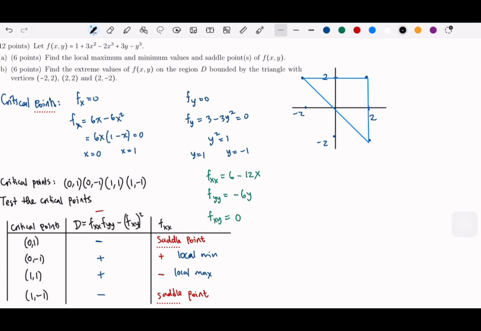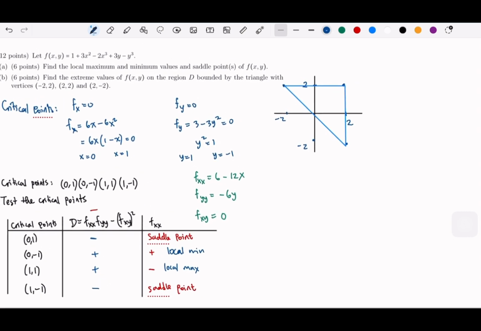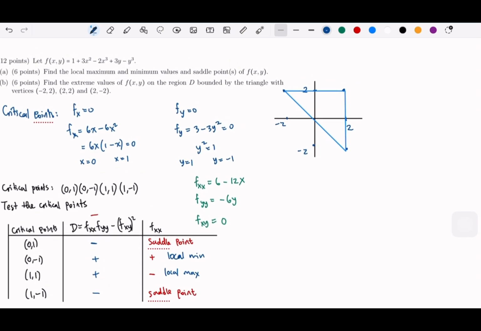We can start from here, so let me write the equation so that we can focus on it: 1 plus 3x squared minus 2x cubed plus 3y minus y cubed.